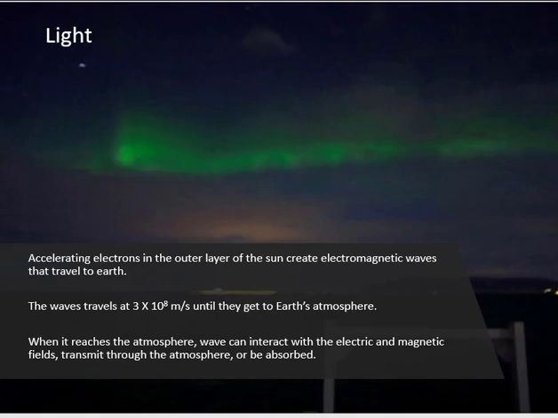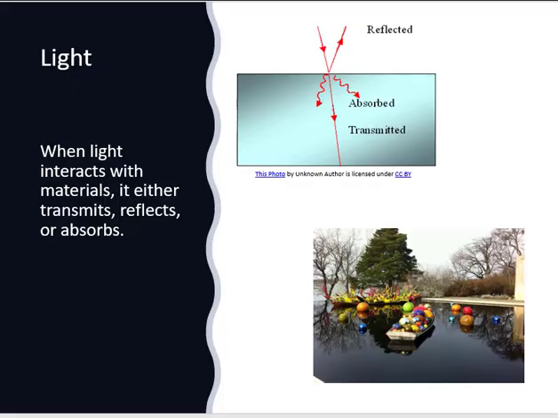There are a few different things that can happen with the transmission, and we'll talk a little bit about those. When it does hit the magnetic field, the charged electrons interact with the Earth's magnetic field, and that's what we see as aurora.